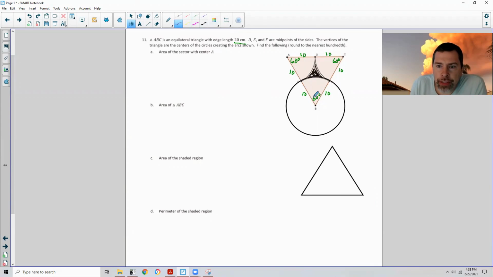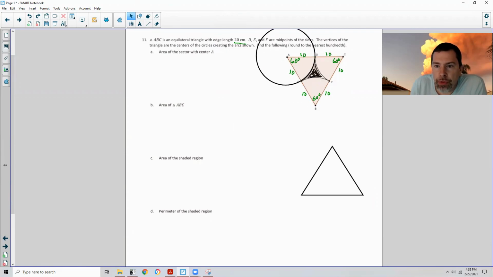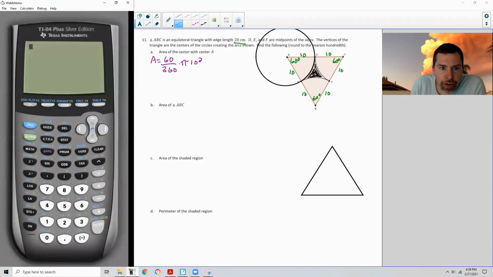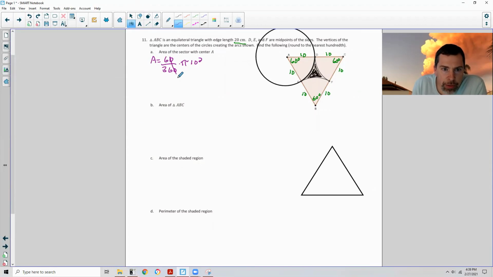Area of sector with center A. Well, they're just making it difficult. They're all the same. Let's just put that there. So they want to know what the area of this is. Well, the area of a sector equals central angle 60 degrees divided by 360 times pi times radius 10 squared. So 60 over 360 reduces first, and that would become 1/6 times 100 pi.